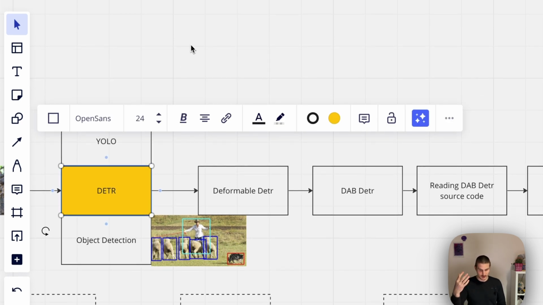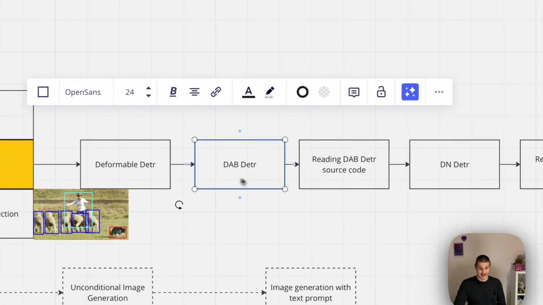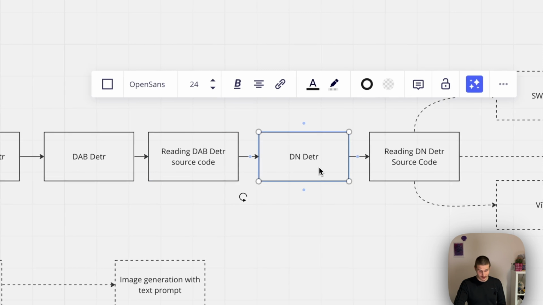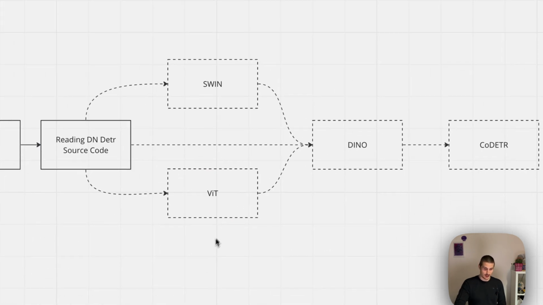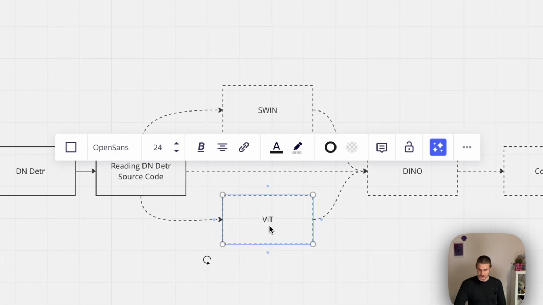Then the DETR family of models, which are now really popular for object detection. I've talked about DETR, deformable DETR, DAB-DETR. I've read the code for all of these, and now Denoising DETR. And the next video is going to be about Vision Transformer.